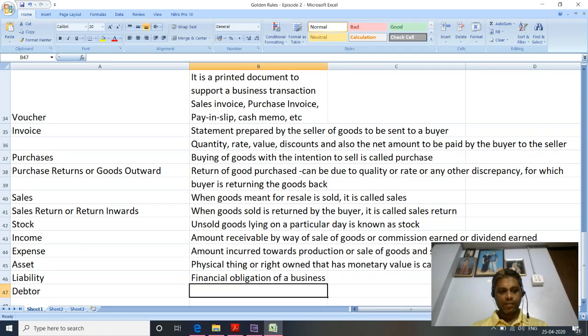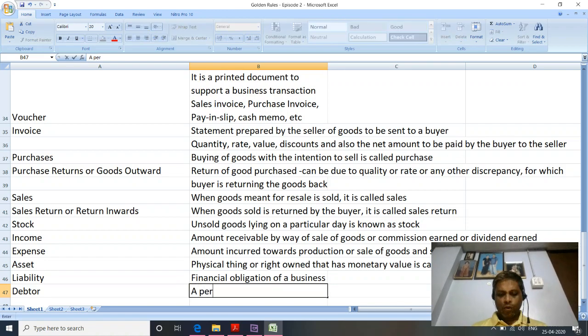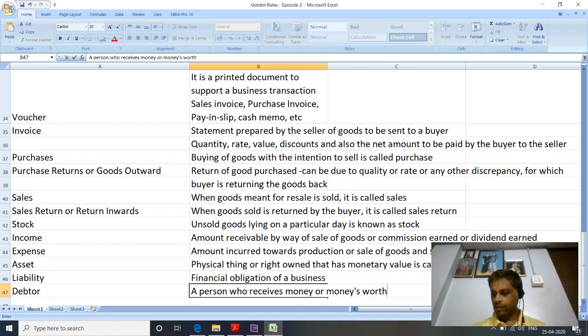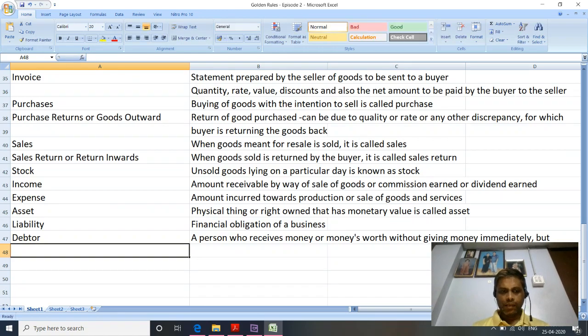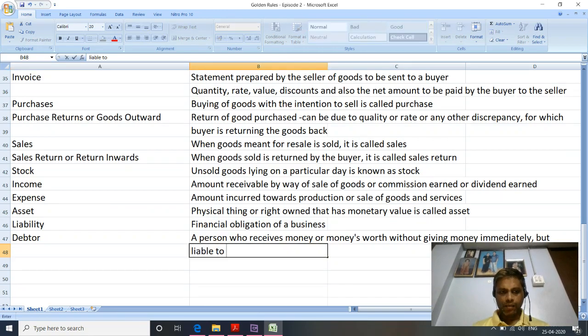A debtor is a person who receives money or money's worth without giving money immediately, but is liable to pay in the future.